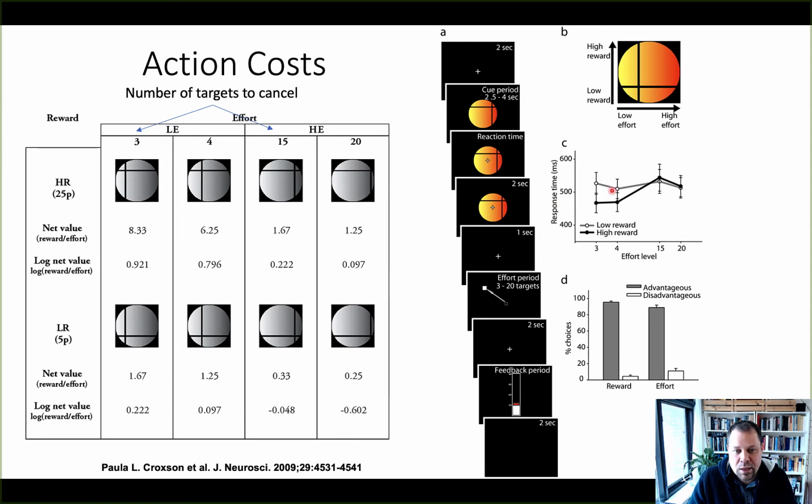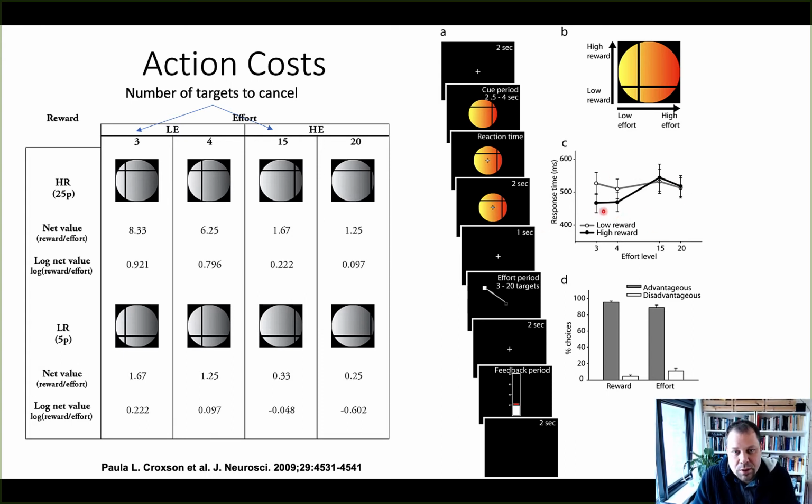These are trials that are actually quite beneficial. So the reaction time is measured here when they just have to push a button. So indicating basically that participants can identify these types of trials, high reward, low effort, meaning these are good trials for them. They're excited, so they respond a little bit faster.